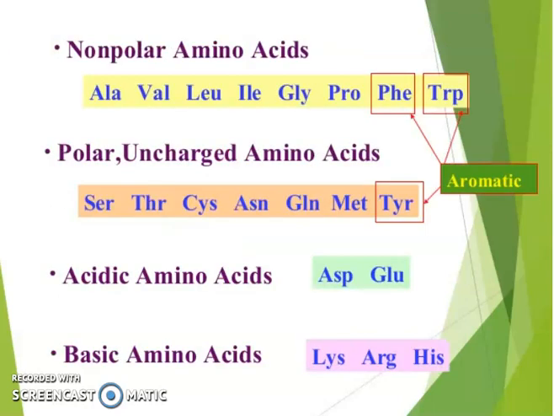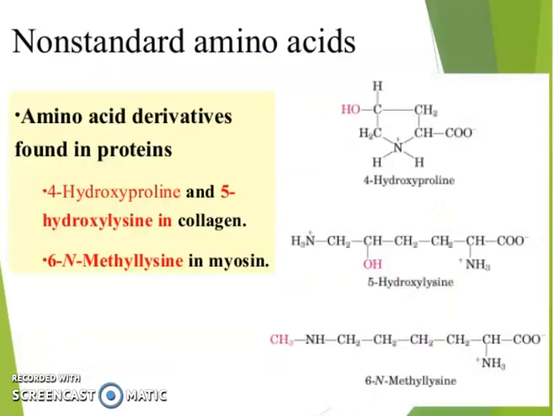So we have non-polar amino acids, polar uncharged amino acids, acidic amino acids, basic amino acids. Non-standard amino acid derivatives found in protein: 4-hydroxyproline and 5-hydroxylysine in collagen. You can see.